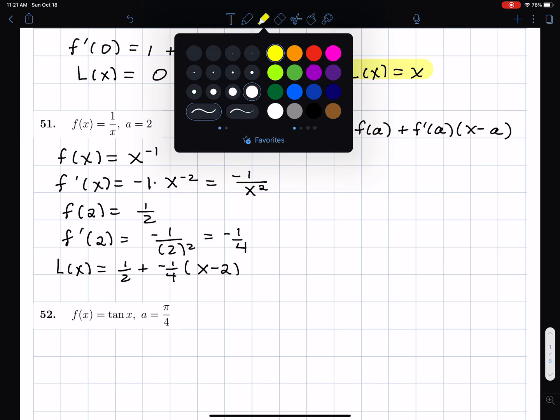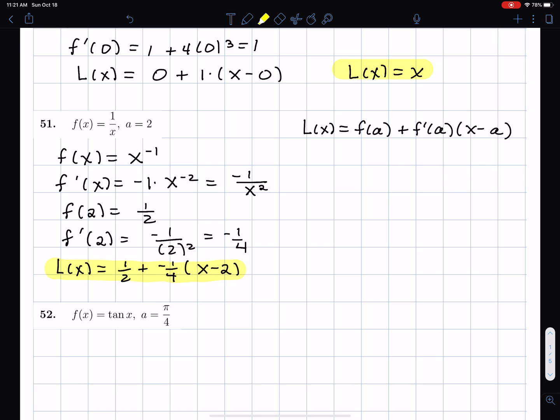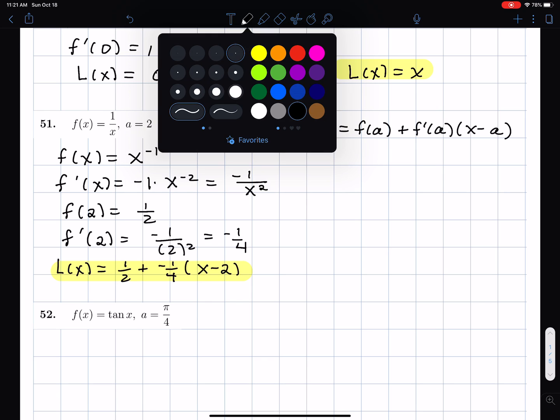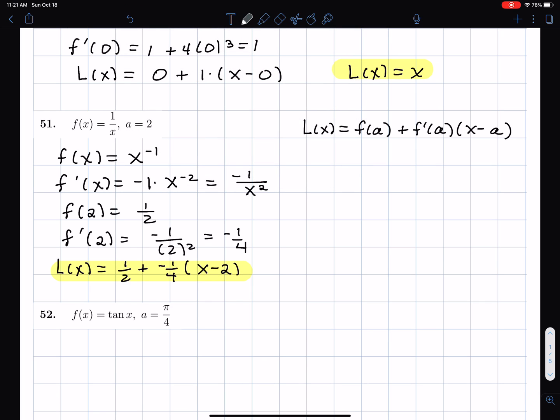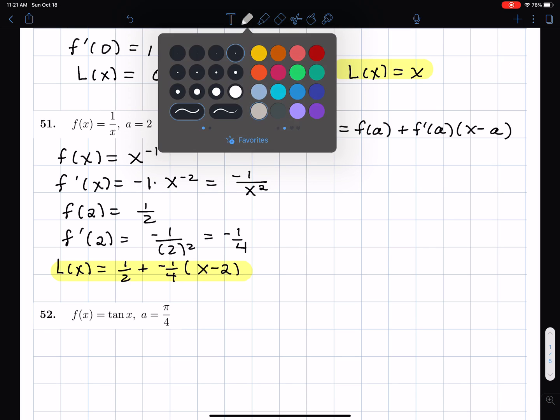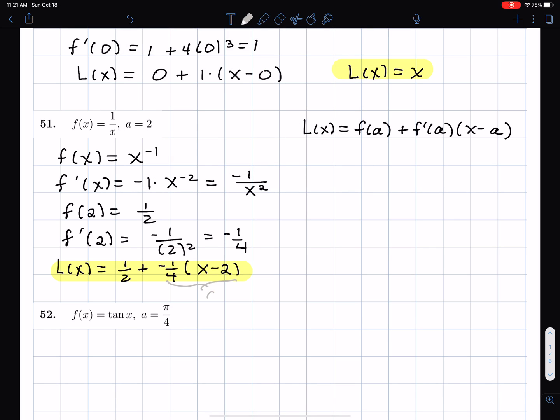I think I'm happy to leave it like this. Of course we could distribute the negative 1/4, but there's a reason I like to see it this way. In this form, what we'll see in later problems is that the second part is the differential. This part here is dy. So I like leaving it like that.